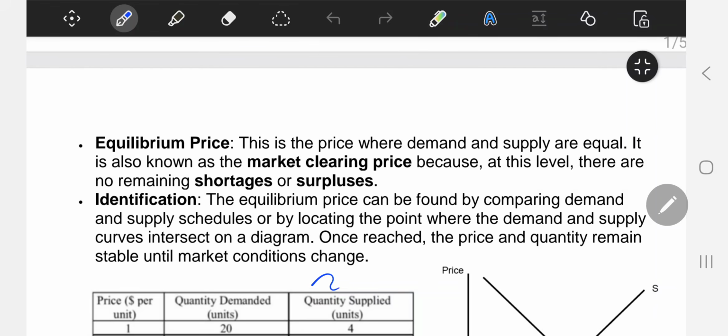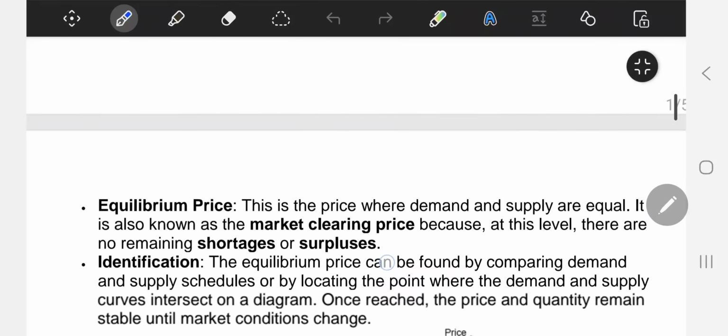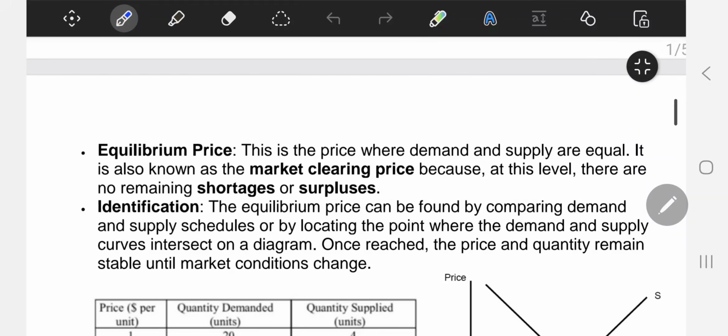That is going to be called the market equilibrium. Now, the equilibrium price will be the price at that equilibrium. Another name for equilibrium price is market clearing price. And when you are at this equilibrium price, there will be no shortage or surplus. We're going to see that just now.